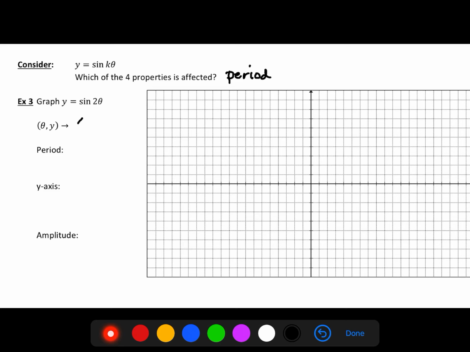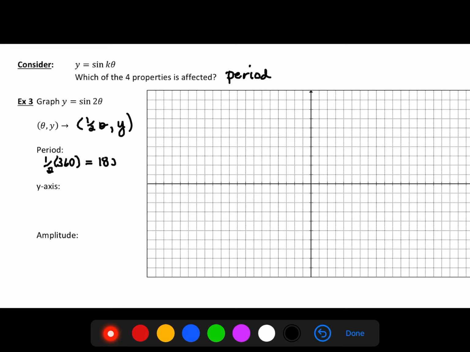Now, graphing y equals sine 2 theta. Remember, anything with theta does the opposite of what it appears to, just like any other function. So we're going to have half of theta, and our y value is going to stay the same. Our y's aren't affected.